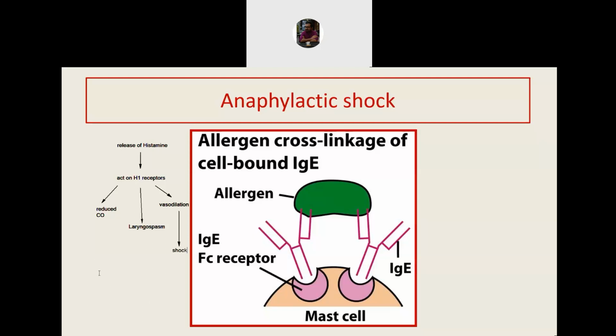Luckily, the activities of histamine can all be reversed by adrenaline, because adrenaline can increase cardiac output, relieve bronchospasm and laryngospasm, and also causes vasoconstriction. For this reason, adrenaline is the drug of choice in anaphylactic shock. It is also called a physiological antagonist of histamine.